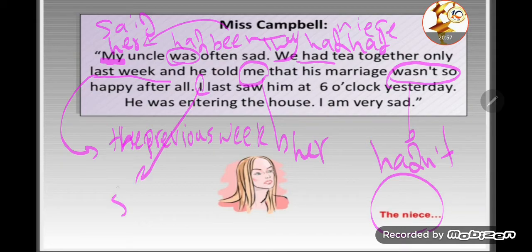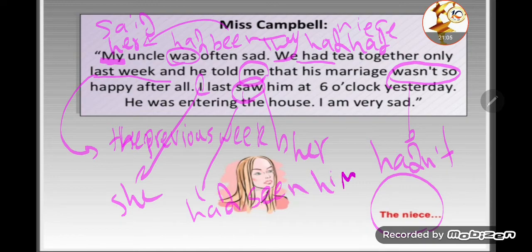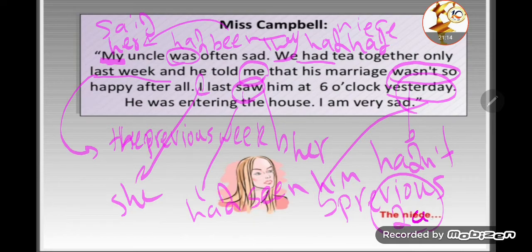I last saw him becomes she last had seen him at 6 o'clock yesterday becomes the previous day. Okay, he was entering the house becomes he had been entering the house, because we have past continuous, so we change it into past perfect continuous. He had been entering the house. I'm very sad. She was very sad.